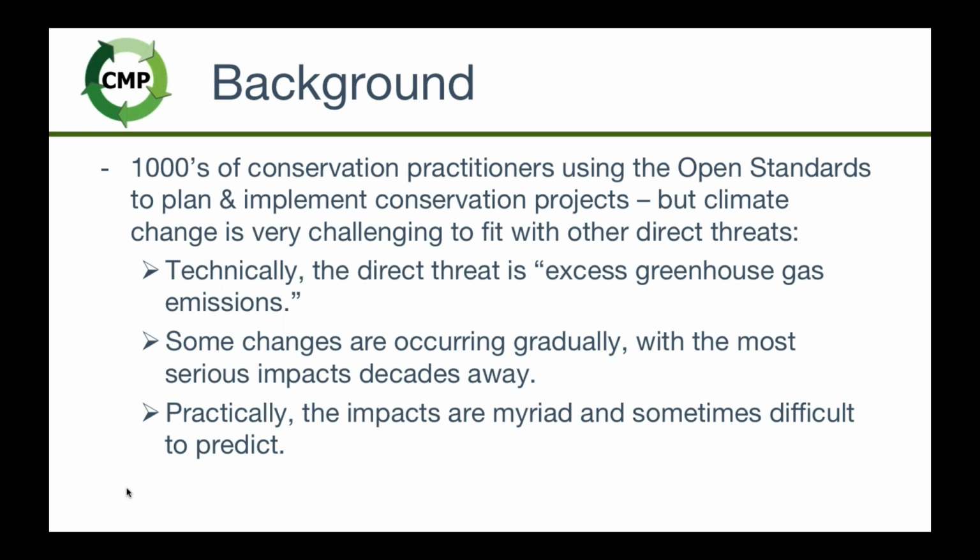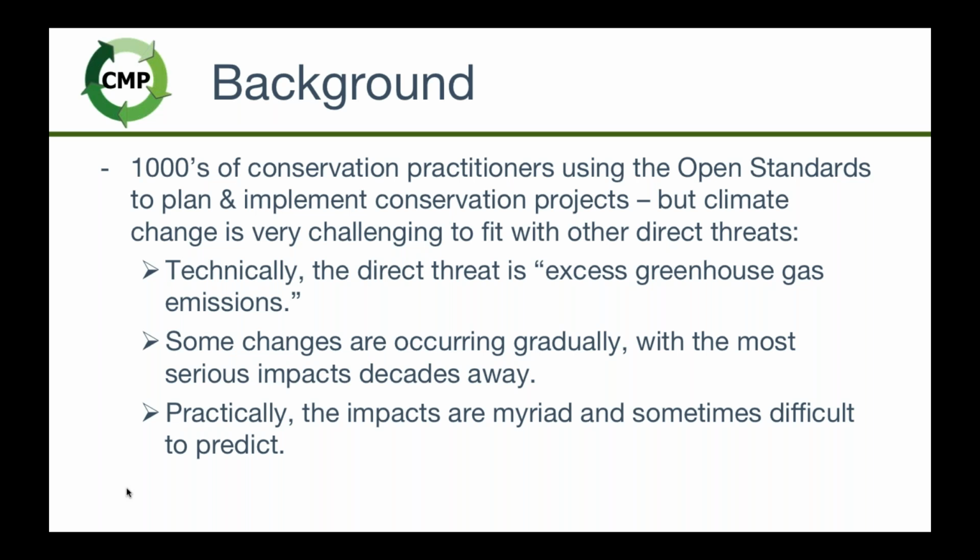And typically in the past, what we have done with climate change is we've included climate change as a direct threat to our conservation targets. And inevitably it gets a very high rating, and that's just not sufficient. So we need an approach that is more detailed.